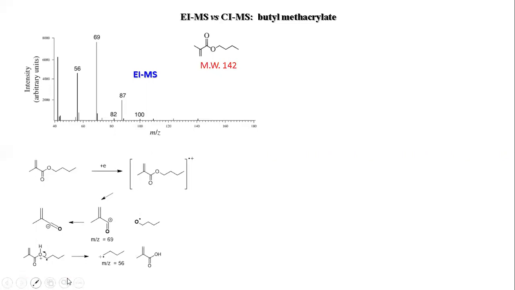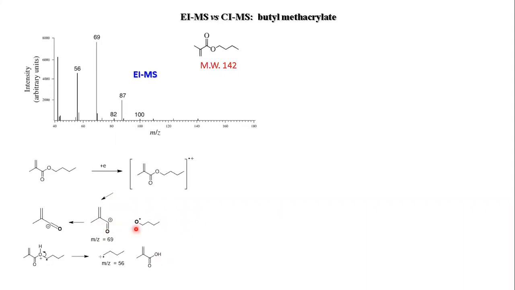I don't know why the pen is not working today. If it is clipped from here, you generate a cation at the carbonyl carbon center, and that cation is stabilized by the oxygen lone pair. This is the 69, the stabilized carbocation.